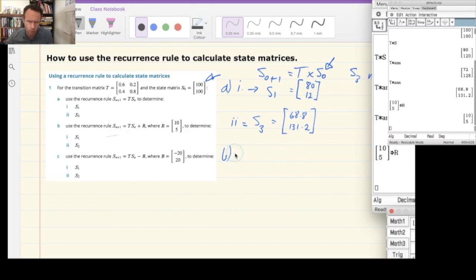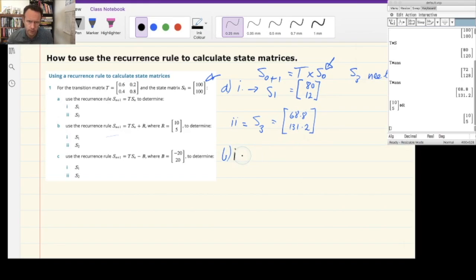So for this one, for part 1, let's write this out a little more clearly. For part 1, we're going to do S0 plus 1 equals, going to plug in our transition matrix, times S0, and then we're going to add R to it at the end. Okay, and that is going to give us the value of S1.